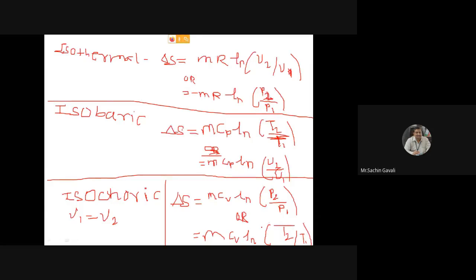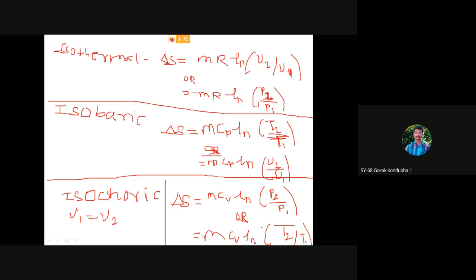The question is: write down the question also. Derive an expression for change of entropy during change of state of an ideal gas in terms of pressure and temperature. Sometimes they will ask in terms of volume and temperature. Shall I repeat? Yes, sir.